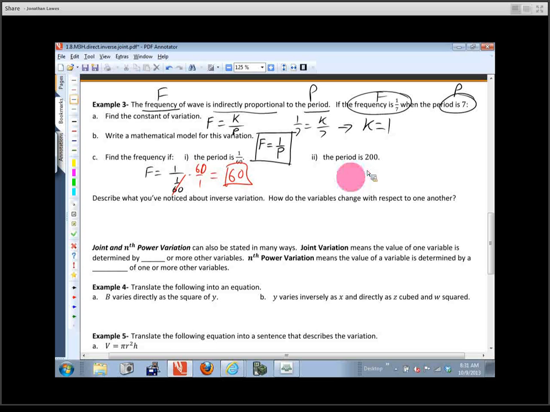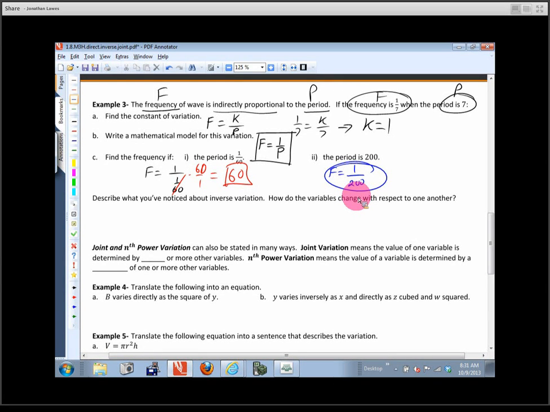What if the period is 200? Let's do that problem. So the frequency would be 1 over, period is 200. Is there any work to do here? Nope. There's the frequency. So if the period is this tiny little number, 1/60th, the frequency is 60. If the period is this big number right here, the frequency is this number right here, 1/200.